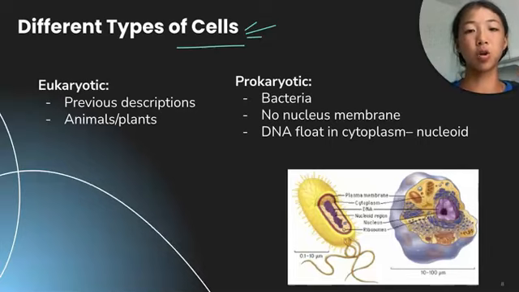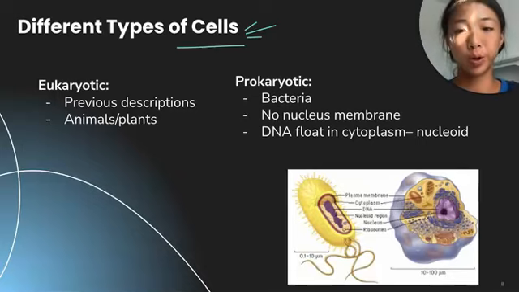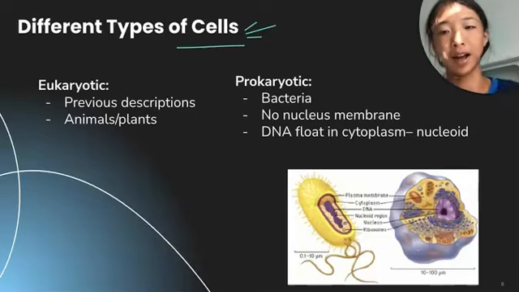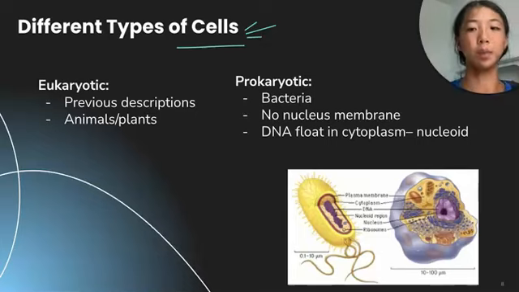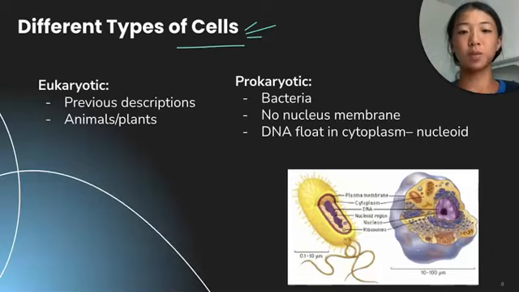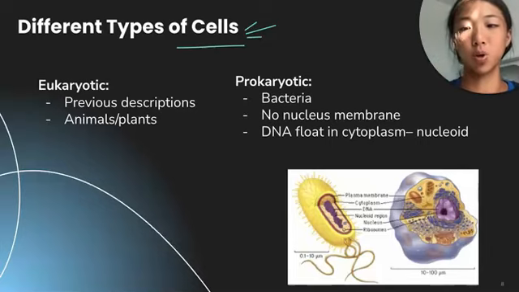These are called prokaryotic, and it's mostly shown in bacteria. These prokaryotic cells have no nucleus membrane, and the DNA just floats in the cytoplasm. And it's not really as spoiled as in the eukaryotic cell, but still a little spoiled. And the cytoplasm surrounding the DNA is called the nucleoid.